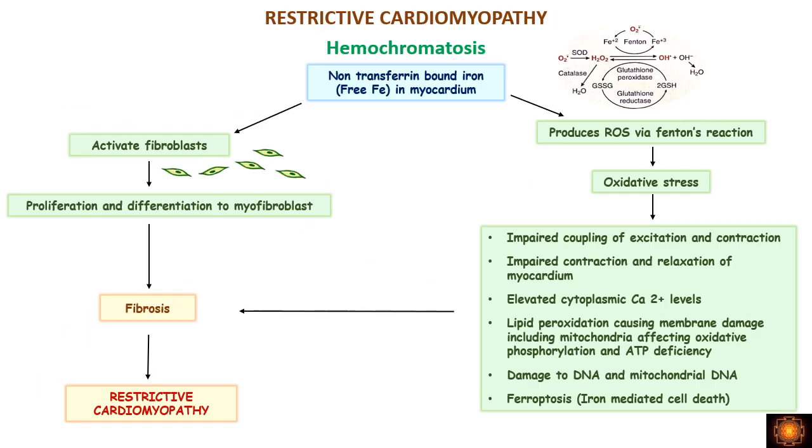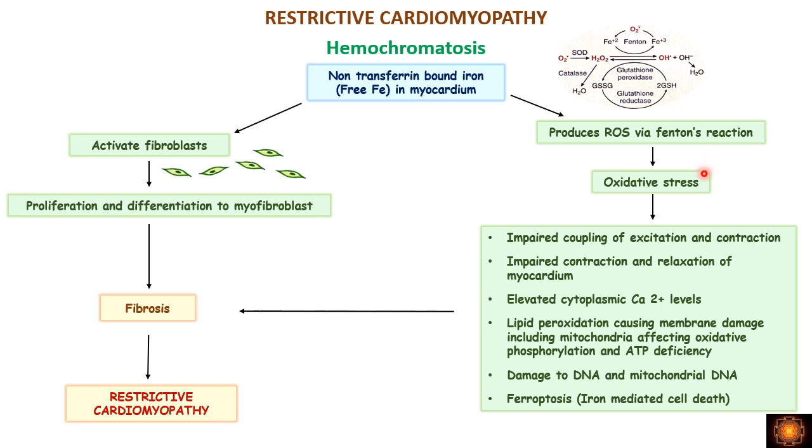Now another condition is hemochromatosis, where you have increased deposition of iron in different organs. If you remember the cell injury chapter, the freely available iron ions help in the production of reactive oxygen species via the Fenton's reaction. Similarly in the myocardiocyte, when you have increased deposition of iron, that iron is utilized for the formation of free radicals.